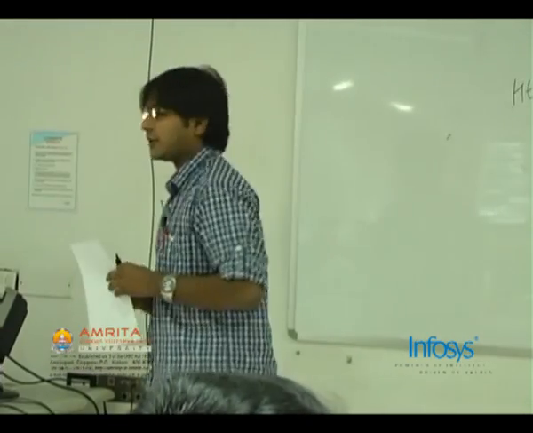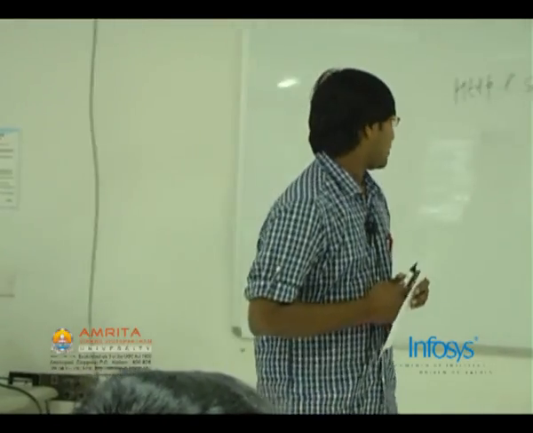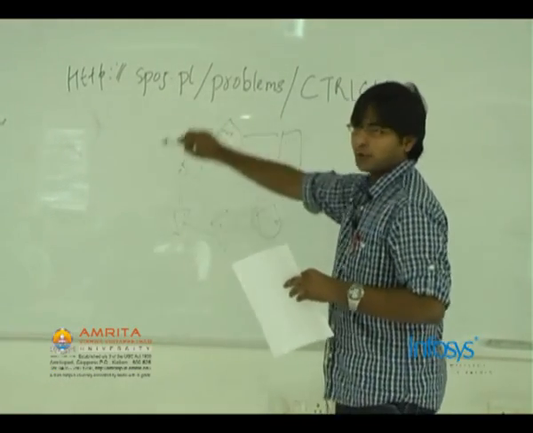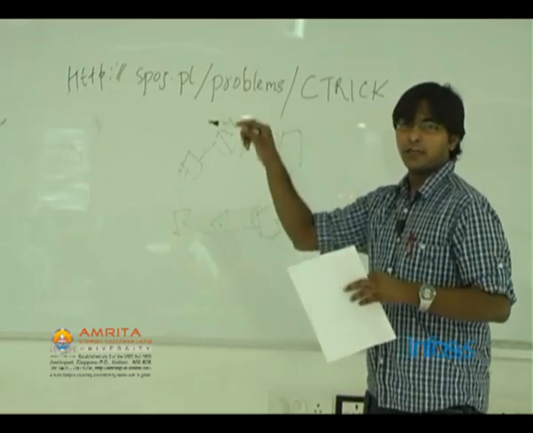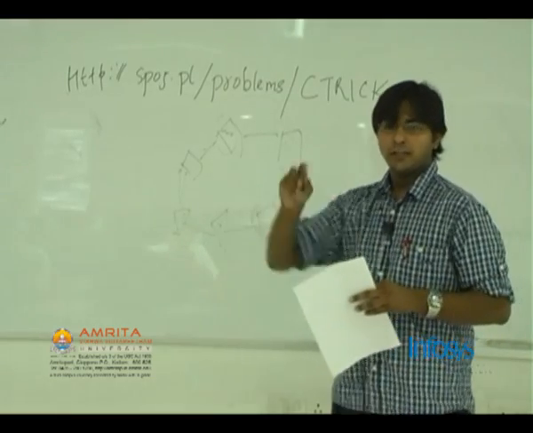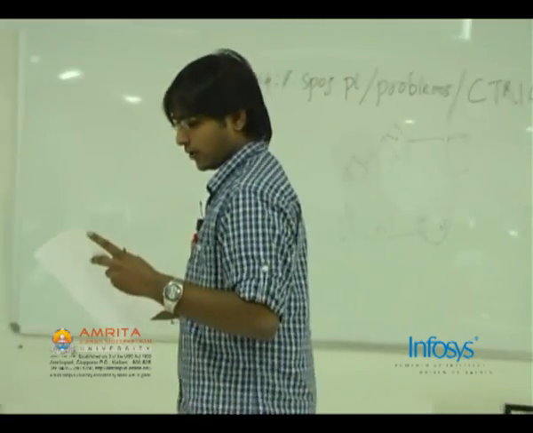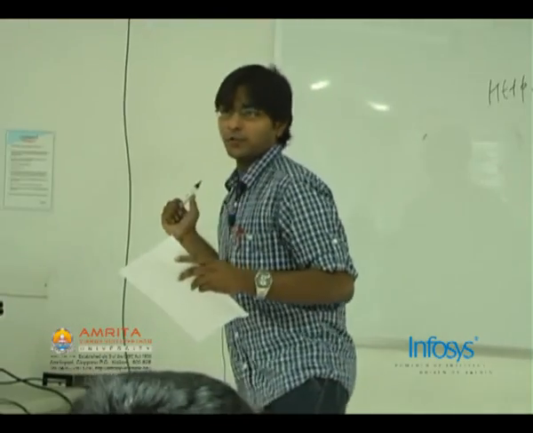However, the complexity for this will be n square, because at the ith step you travel i steps in a linked list and then delete the node, and again i plus 1 steps and then delete the node.